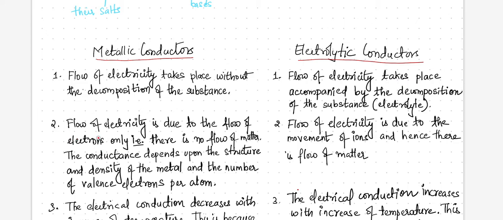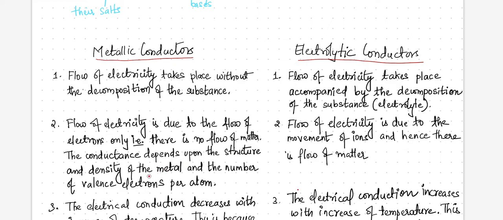Second difference, the flow of electricity in metals is due to the flow of electrons only, and there is no flow of matter, because it's simply the freely available electrons in the metal that are responsible for the flow of electricity. Therefore there is no movement of matter as such.